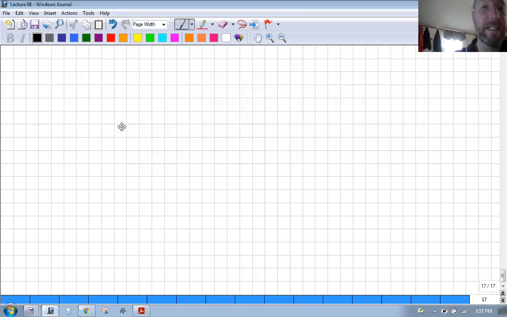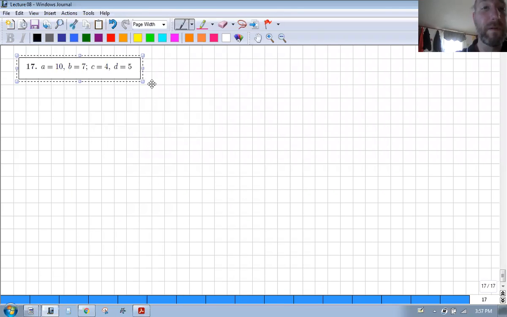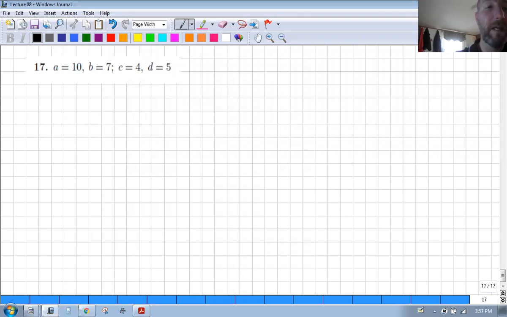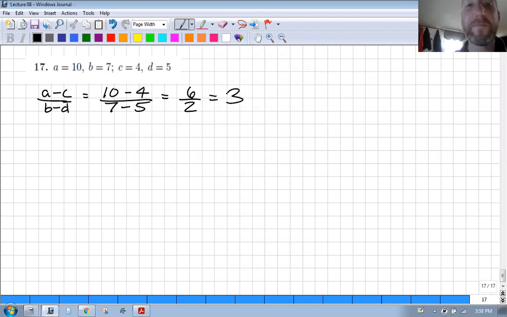So here's A, B, C, and D. They want an A minus C over B minus D. A is 10, C is 4. B is 7, D is 5. 10 minus 4 is 6, 7 minus 5 is 2, 6 over 2 is 3. That's a slope of 3.